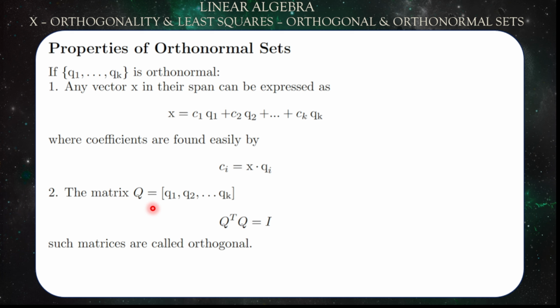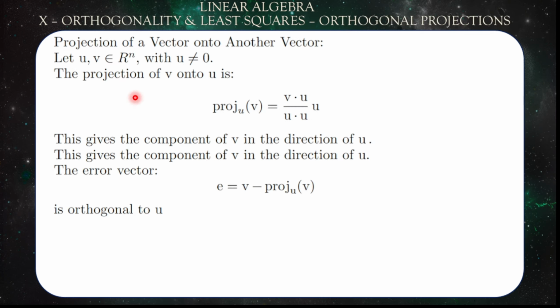Second, the matrix Q equal to [Q1, Q2, ..., Qk] is actually orthogonal. So Q transpose multiplied by Q gives you back the identity. Such matrices are called orthogonal. So the transpose of the Q matrix multiplied by Q gives us back the identity.